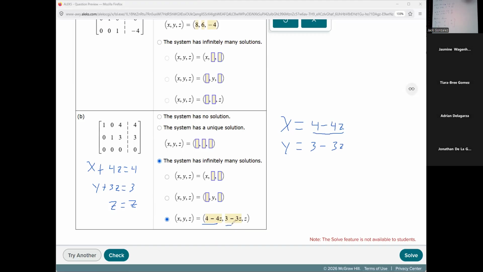The y coordinate is from here. And z is just z, because it can be anything. Because this is the infinite case. Are there any questions on this guy?